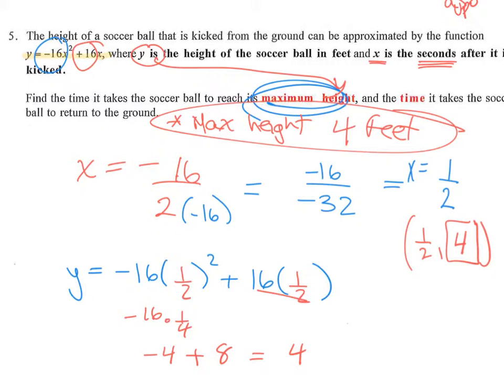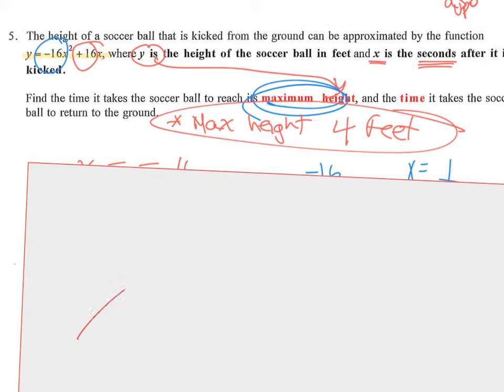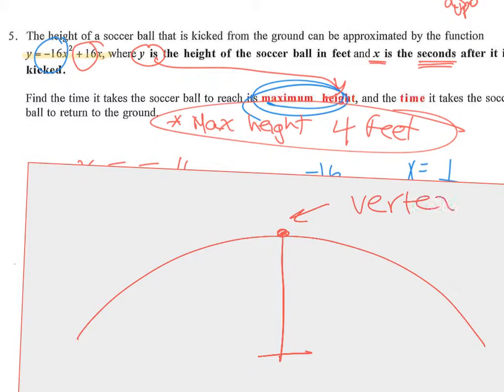That's the highest it's going to get, because the maximum height, going back to our picture, if I kick a ball, the maximum height is going to be the vertex, but a vertex is x comma y. X is telling me in the problem the number of seconds. They want to know the height, which is y.